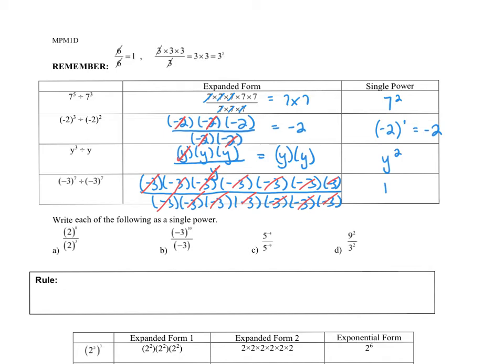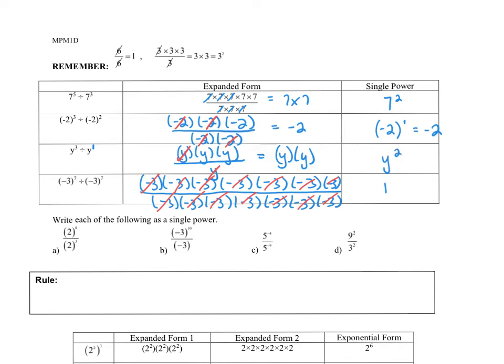So you may have found the rule as we were doing this. So instead of adding like we did when we were multiplying the bases, now you may have noticed that we actually subtract the exponents. So 5 take away 3 is exponent 2. 3 take away 2, we got that exponent of 1. 3 take away this exponent of 1. So 3 take away 1, we got the exponent of 2.